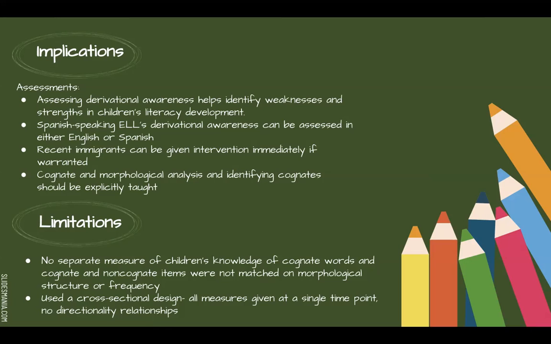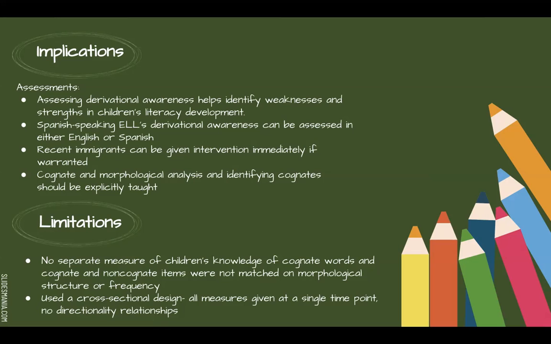Cognate and morphological analysis and identifying cognates should be explicitly taught. That's another thing that they implied. Now that we know the results of this, we know that these things need to be explicitly taught so students can gain biliteracy.